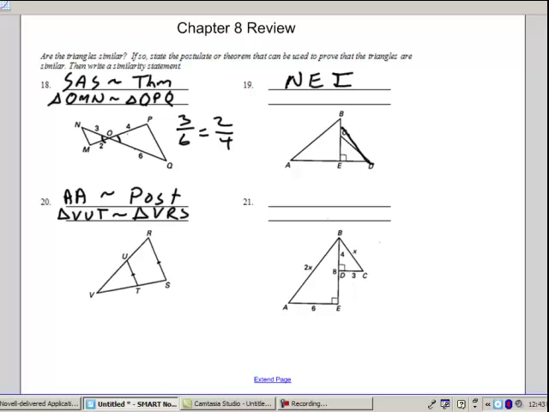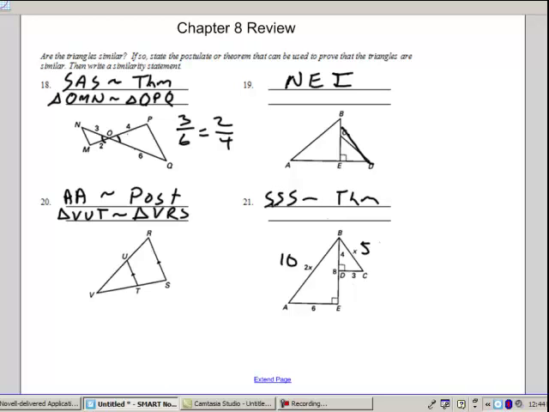All right, this last one. Well, one thing I know for sure, a lot of different ways to do this, but I see a 3-4. Hopefully by now you know this is going to be a 3-4-5 right triangle. This is going to be a 6-8-10 right triangle. Clearly we have a scale of 2 to 1. You could easily use side angle side similarity postulate, but just as easily all of these are in a 2 to 1 ratio or 1 to 2 ratio depending on which side you go. So I'm going to call this the side similarity theorem.